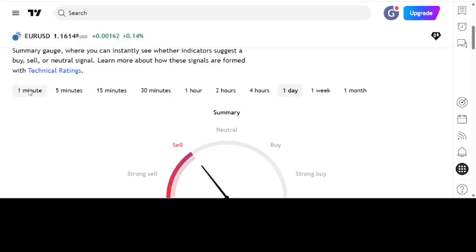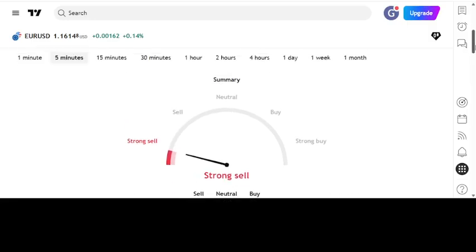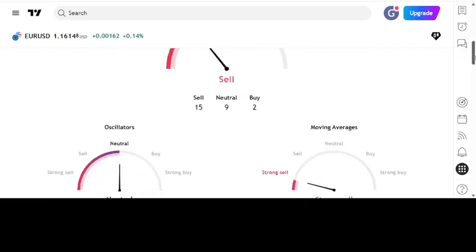But being that we're going to be taking 1 minute trades, I'm going to click on the 1 minute icon. You can do 5 minutes. Let's see here how when we change the time frames, 15 minutes, saying strong sell, 30 minutes, regular sell, 1 hour, strong sell. Okay, so different time frames have different trade suggestions here.